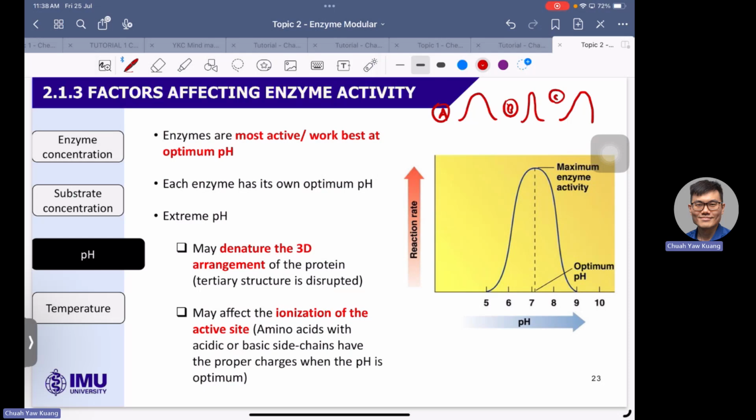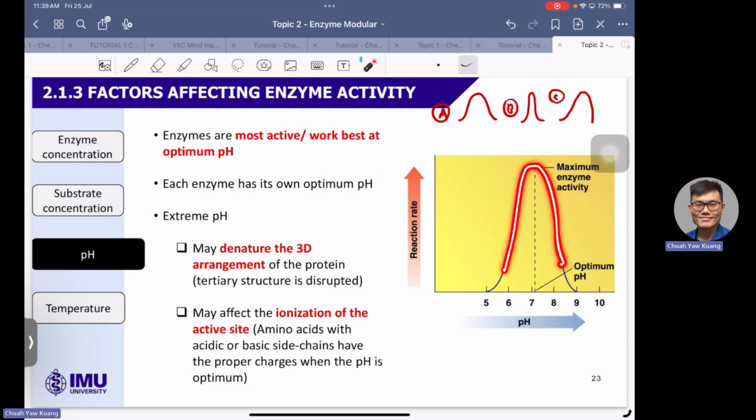Based on the shape of the graph, how can you know which one is the pH graph? Please remember, the pH graph is always a narrow bell-shaped curve. A very narrow one, with both sides narrow. C, for example, has one side narrow and one side not so narrow. So it should be very narrow.